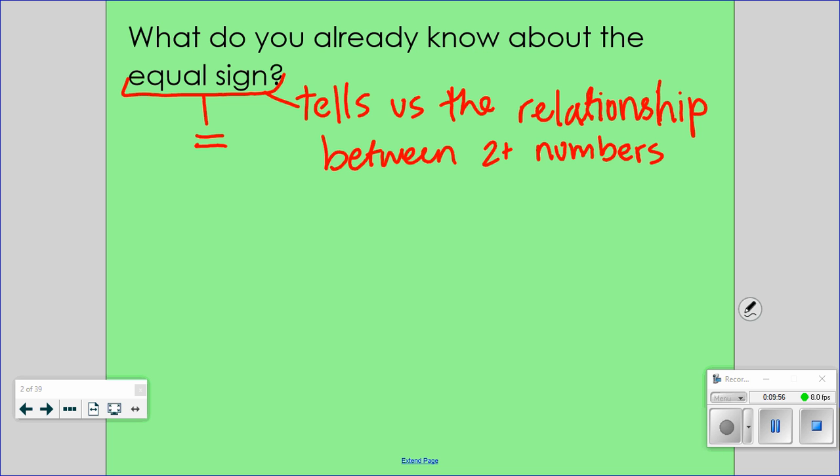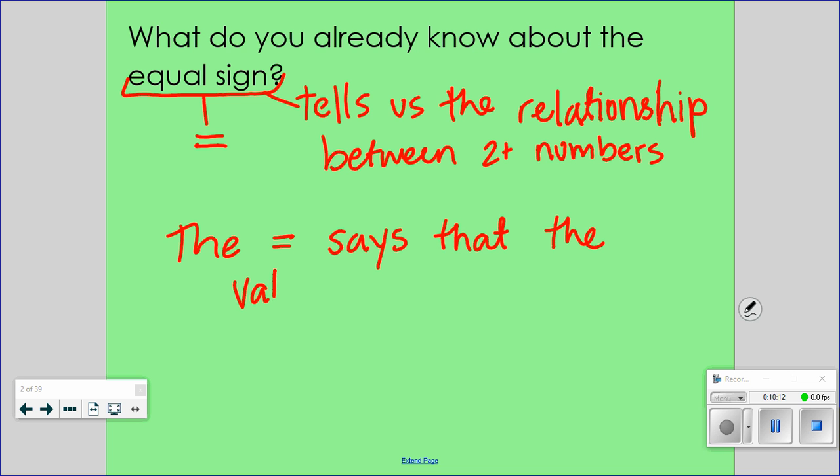It's telling us, the equal sign tells us that the values are the same.